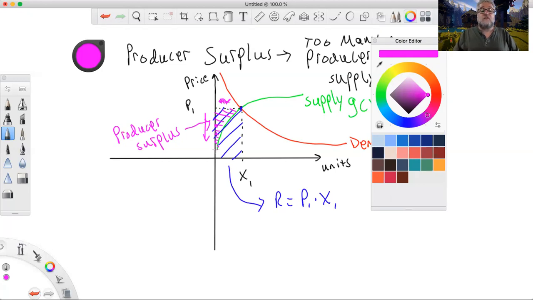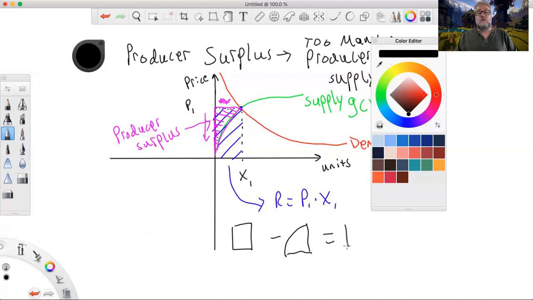And so our task here is to figure out how we find the area of this pink shape. If you think about it, it'll be the rectangle minus the stuff under the curve, which will leave us the stuff above the curve.